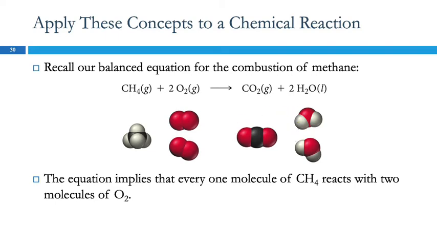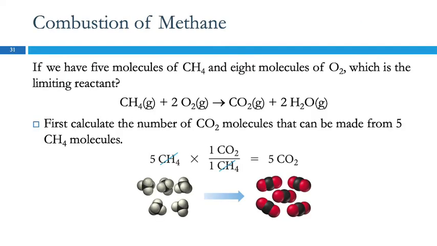Okay, so the equation here implies that 1 molecule of CH4 reacts with 2 molecules of O2, right? So if we have 5 molecules of methane and 8 molecules of O2, which one's the limiting reactant? Which one gets used up first?